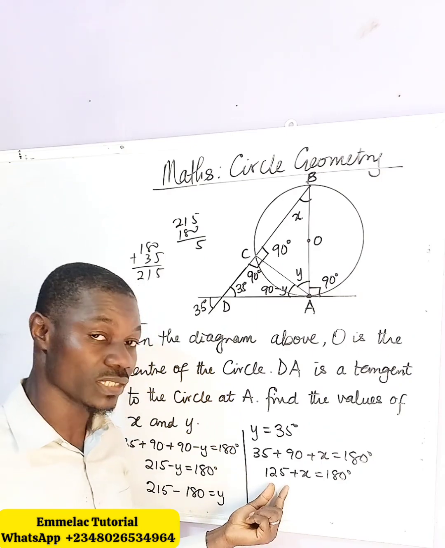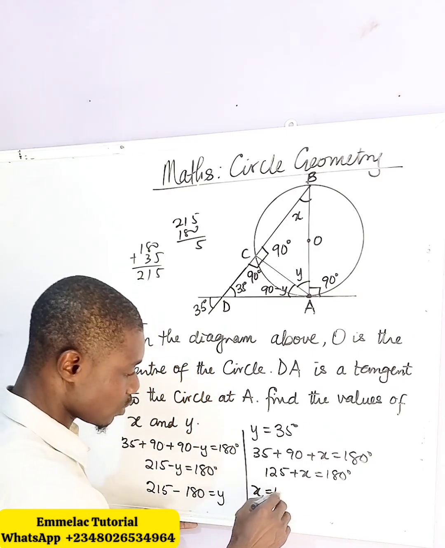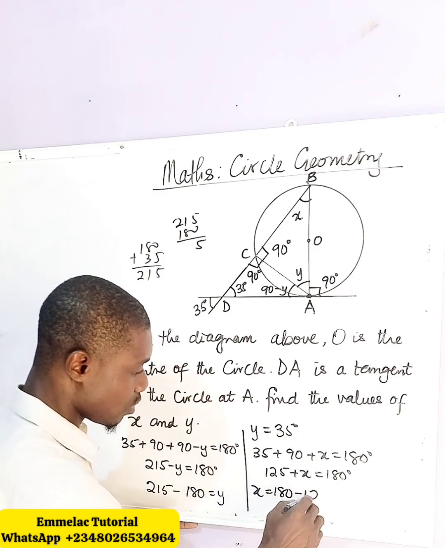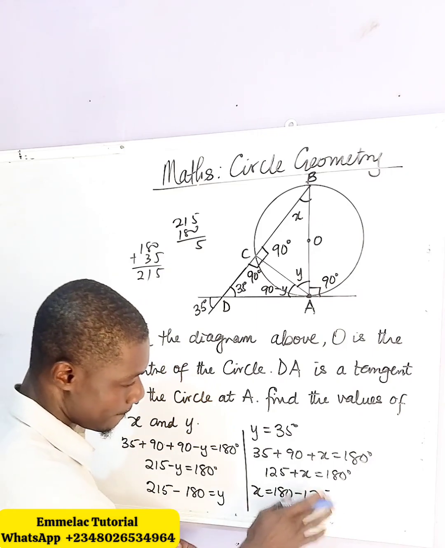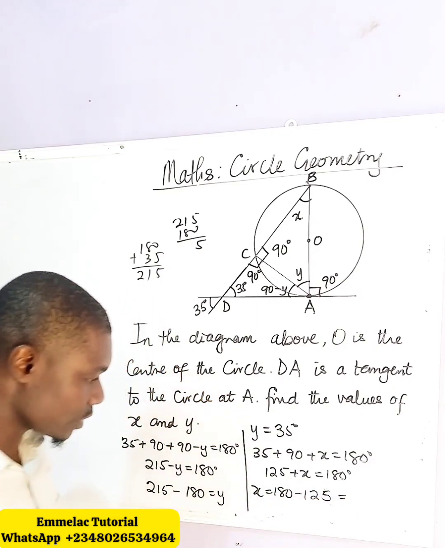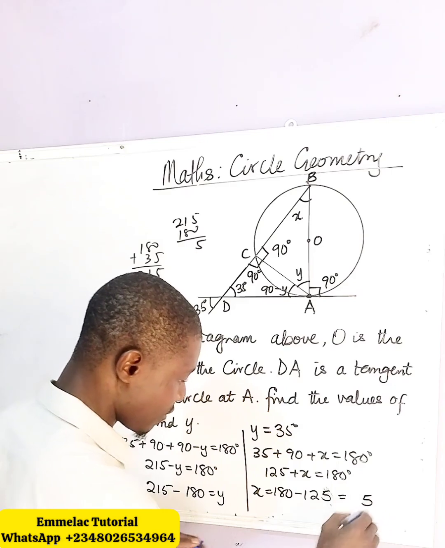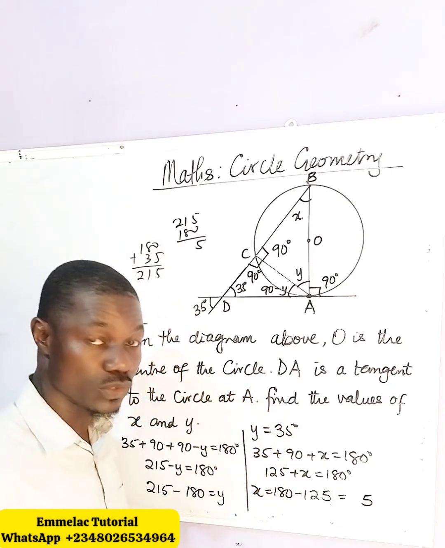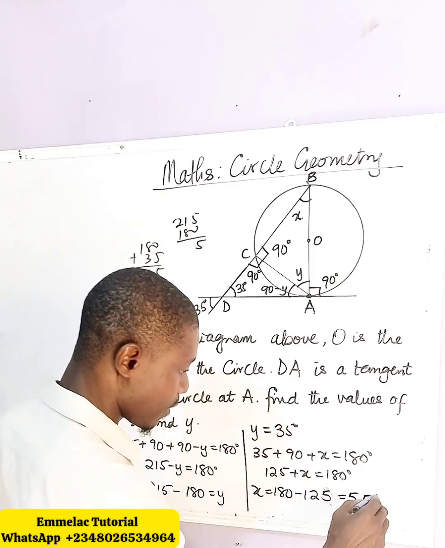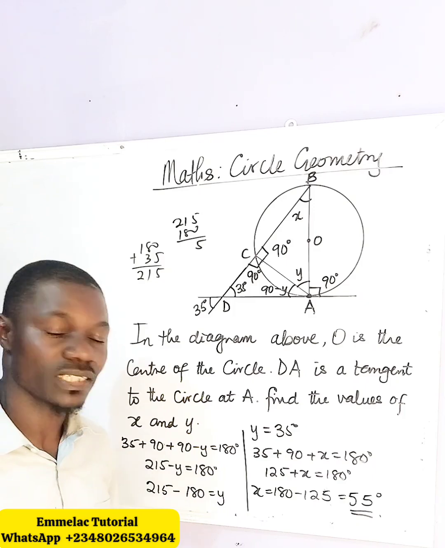Let us subtract 125 from both sides. We end up having that x equals 180 minus 125, which gives us 55. So y is 35 and x is 55.